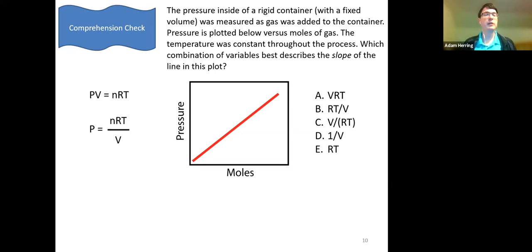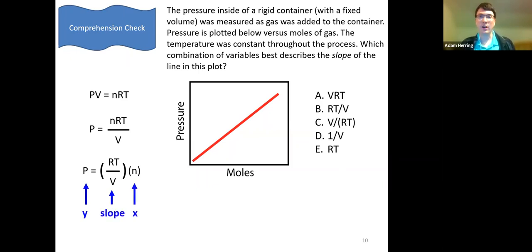So if we rearrange this equation and set our y-axis value as pressure and our x-axis as moles, then we can see that the other variables that are left are the ideal gas constant R, temperature, and volume, and that is our slope. So again, pressure is the y, x is the number of moles, and our slope is the combination of the constant, temperature, and volume.